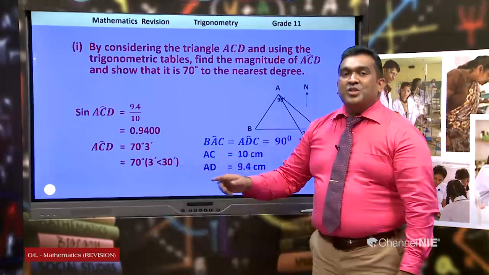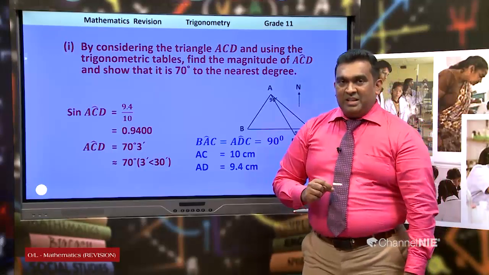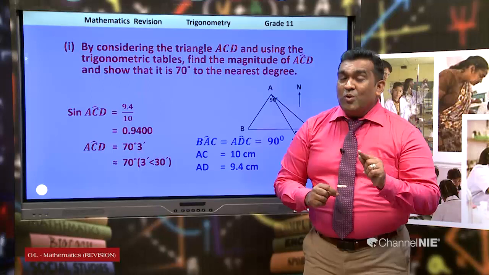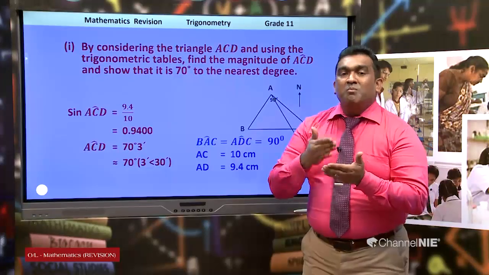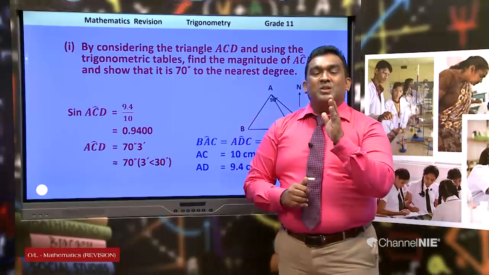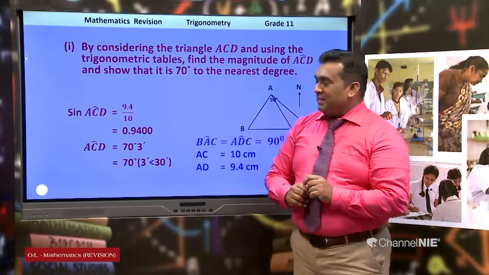What is the relationship between degree and minute? We know that 1 degree can be divided into 60 small minutes. Therefore, 1 degree is equal to 60 minutes. Right?